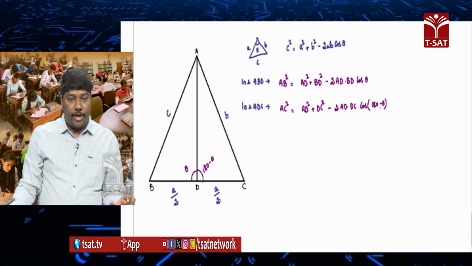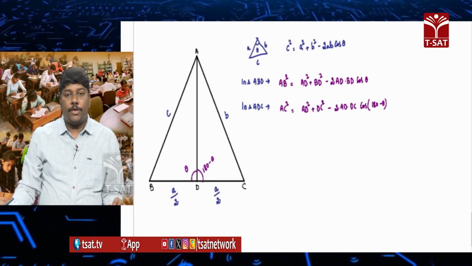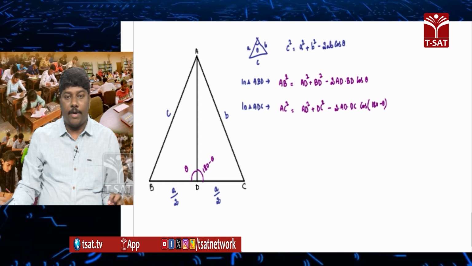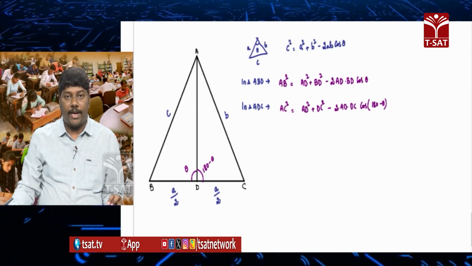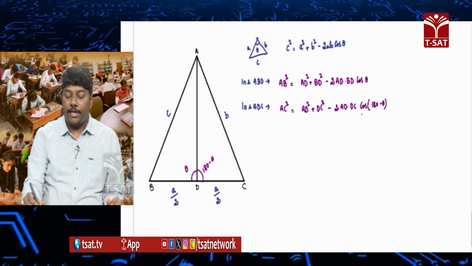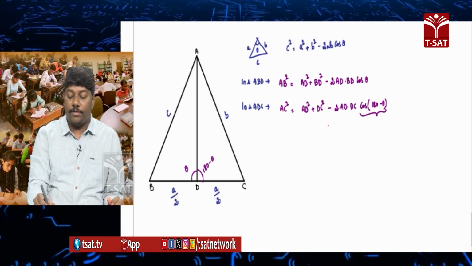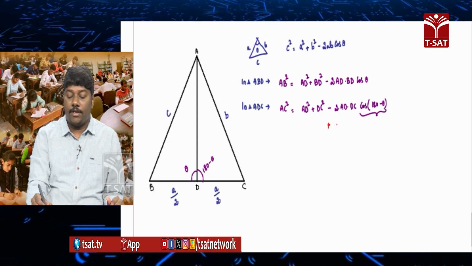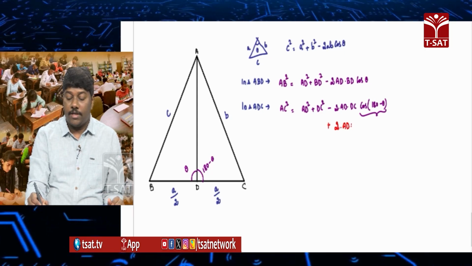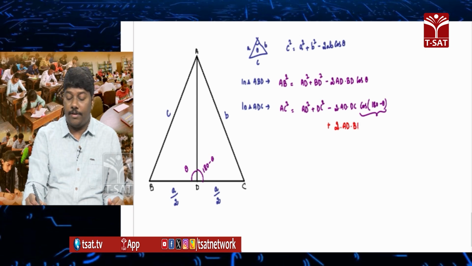Here D is the midpoint of BC, so we can say BD is equal to DC. We all know that cos 180 minus theta is equal to minus cos theta. Therefore, this whole thing becomes plus 2 into AD into DC, which is the same as BD, into BD cos theta.